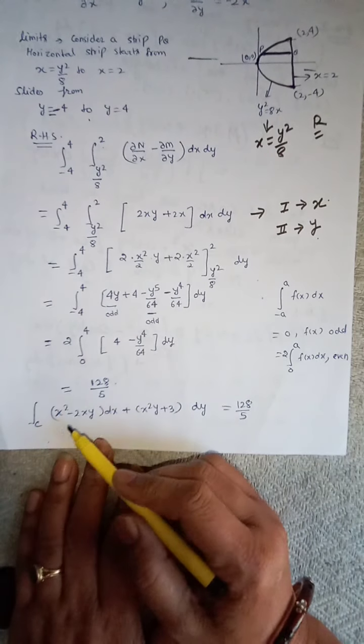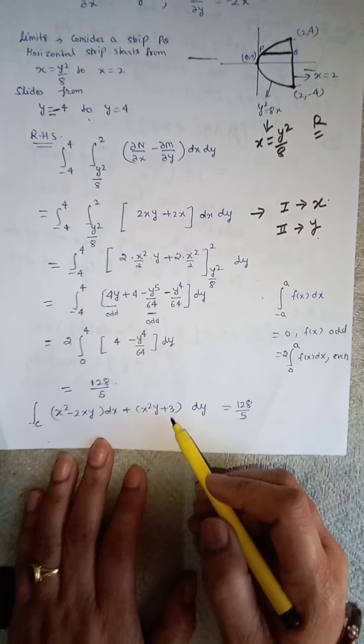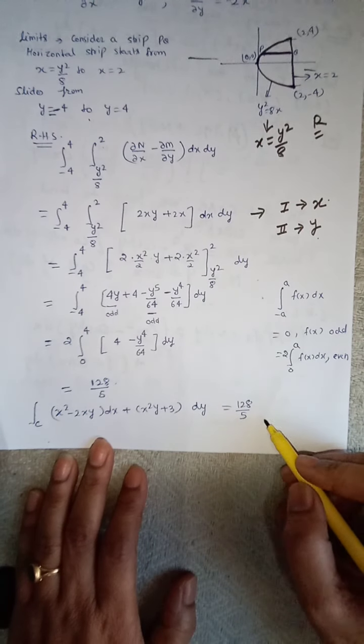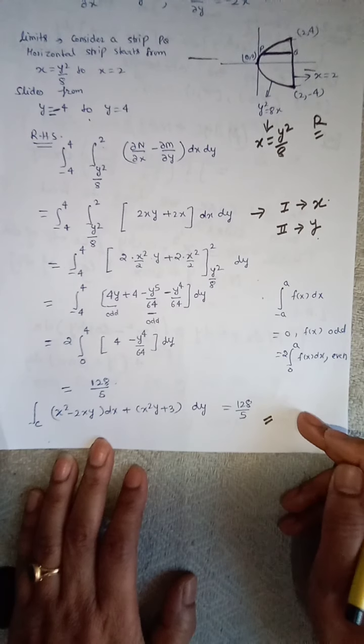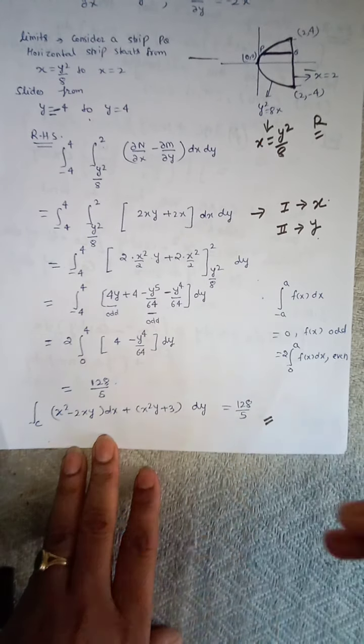So the integral over c of x square minus 2xy dx plus x square y plus 3 dy is equal to 128 by 5. So this question is the evaluation of a line integral using Green's theorem.